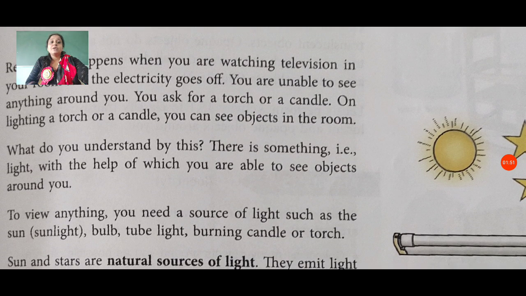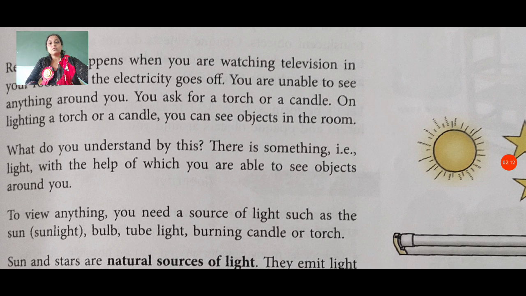To view anything you need a source of light such as sunlight, bulb, tube light, burning candle or torch. All these things are called sources of light. It means we get light from these kinds of things.